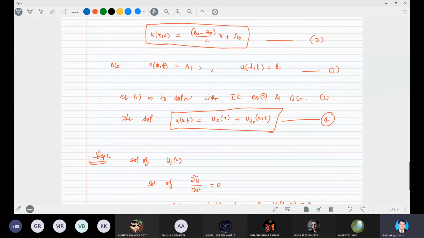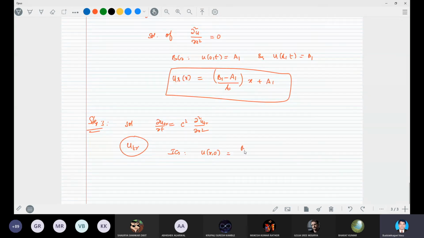This one, (B0 minus A0) by L into x plus A0. And the boundary conditions are u tr at (0,t) is equal to A1 and u tr at (L,t) is equal to B1. So using these boundary and initial conditions, you solve them.